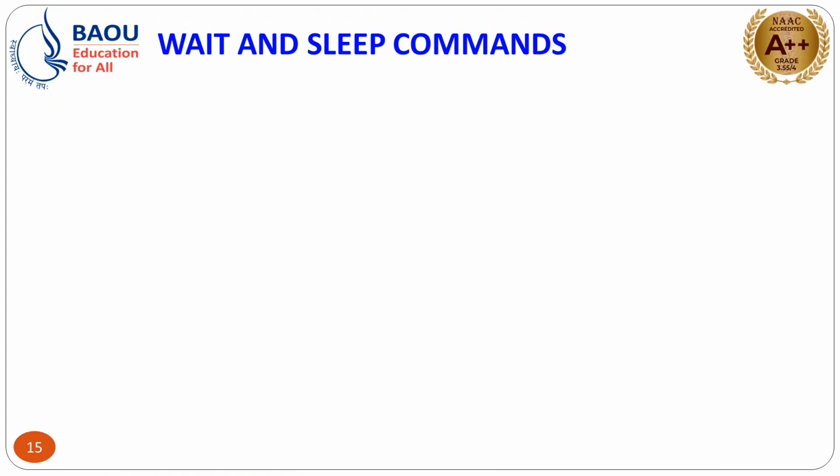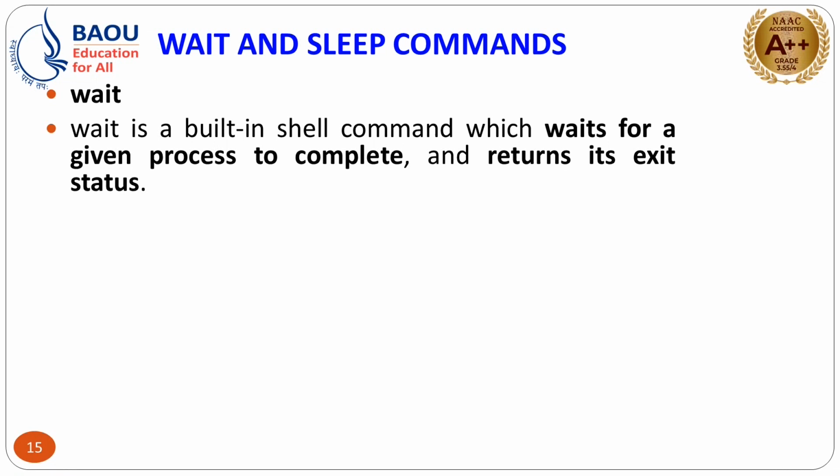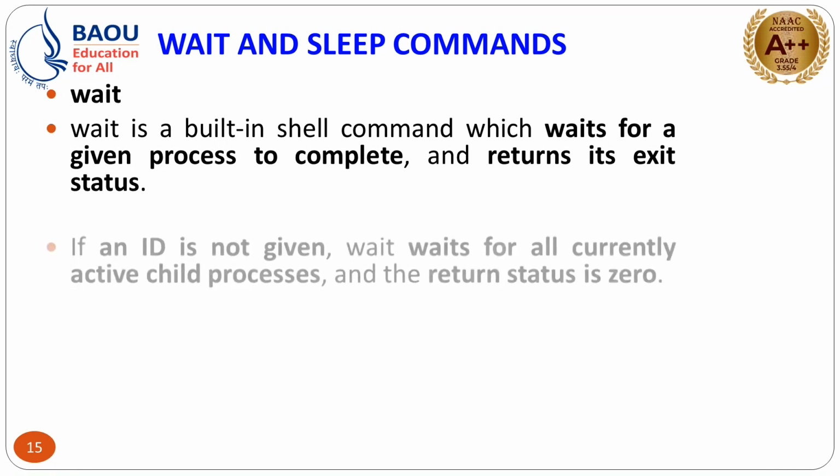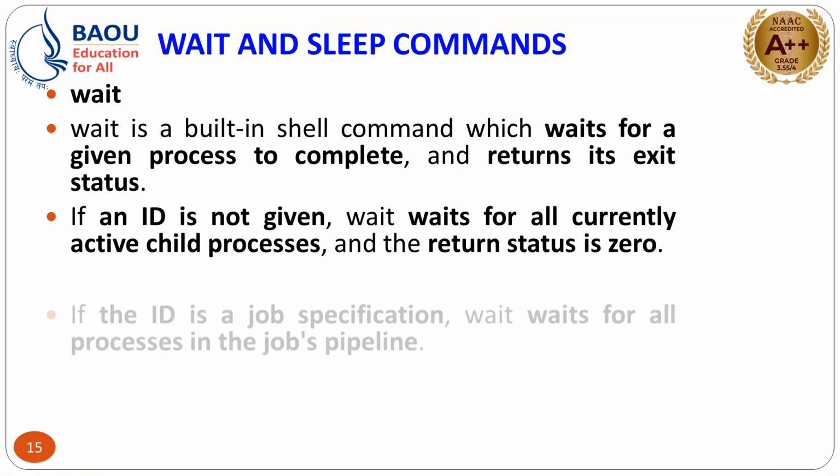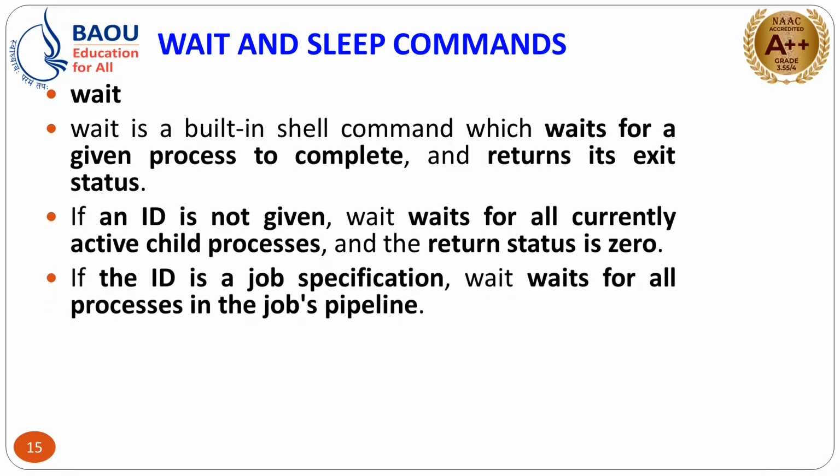Then the wait and sleep commands. Now these are the commands that can be used to wait for a particular job to finish. Say for example, you are using the wait command with some specific process ID or job ID, then it means that particular process will first finish and then another process will start.